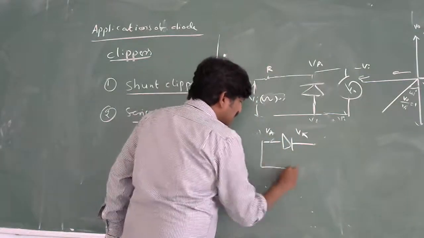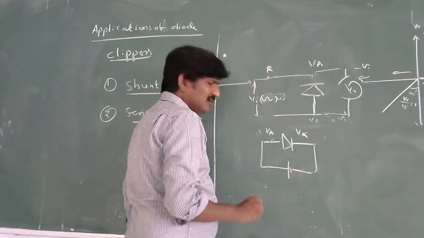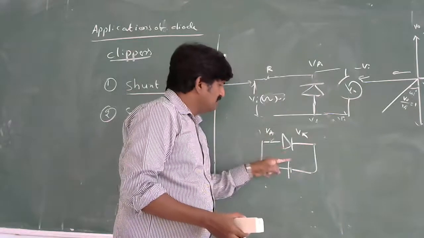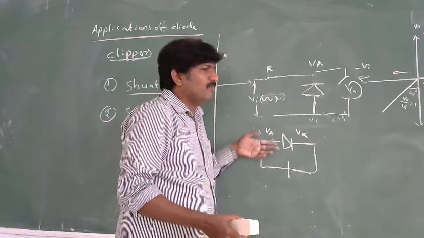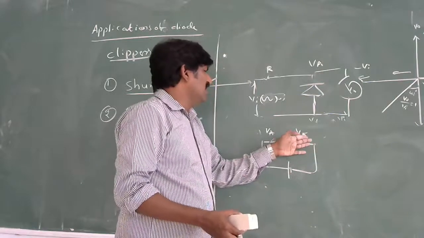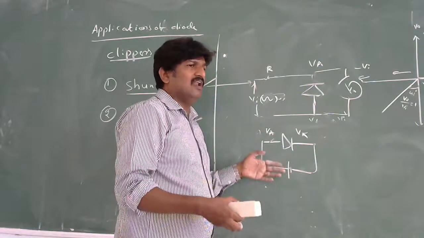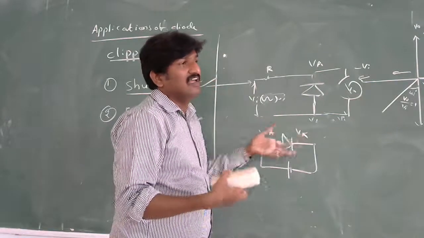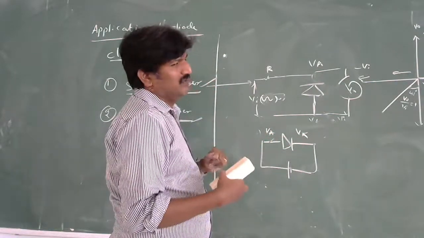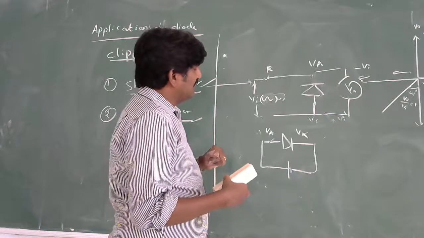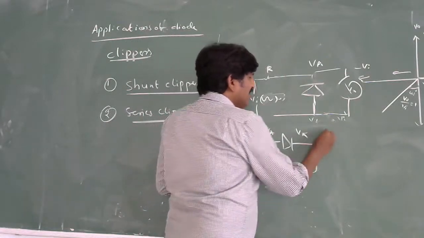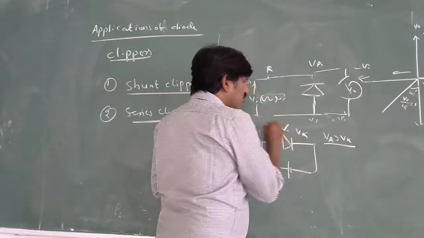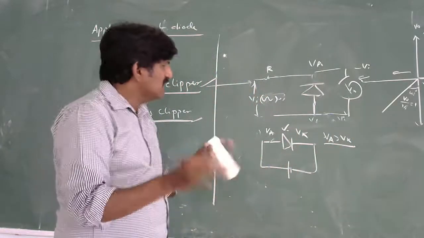Let me consider a voltage applied like this. The positive terminal is connected to the anode and the negative terminal is connected to the cathode. The voltage at the anode is more positive than the voltage at the cathode, which is more negative, or less positive, with less amplitude comparatively. So if the resultant Vi is greater than VK only, then the diode will become forward biased. Otherwise, it is reverse biased.